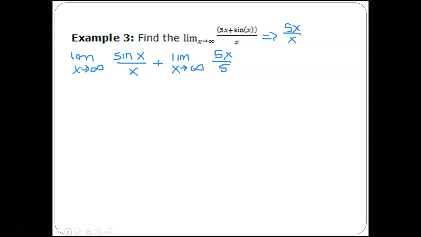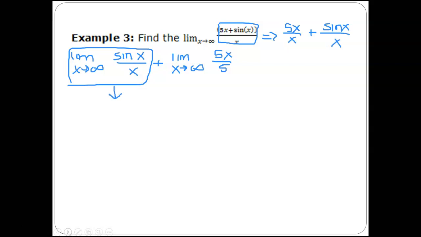It's really the same as saying 5x plus sine x over x. We're just adding like fractions, having that common denominator where we can add them. So you can take the reverse of it and split them. We just determined that the limit as x approaches infinity of sine x over x on the previous slide was equal to what? We just determined that this is equal to 0.